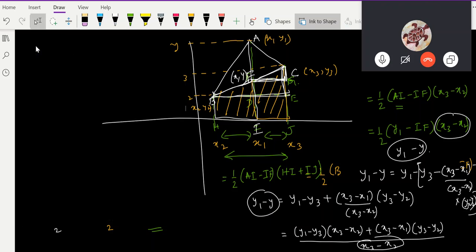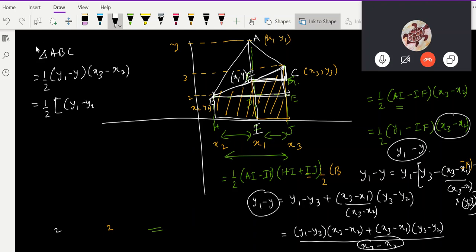Correct? Yes, sir. So therefore, area of the triangle ABC is equal to half of y1 minus y into x3 minus x2, which can be written as half of y1 minus y3 into x3 minus x2 plus x3 minus x1 into y3 minus y2, right?